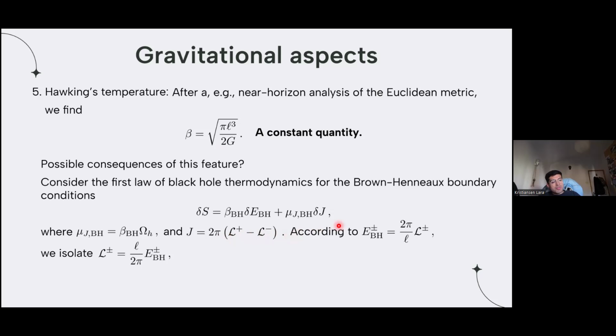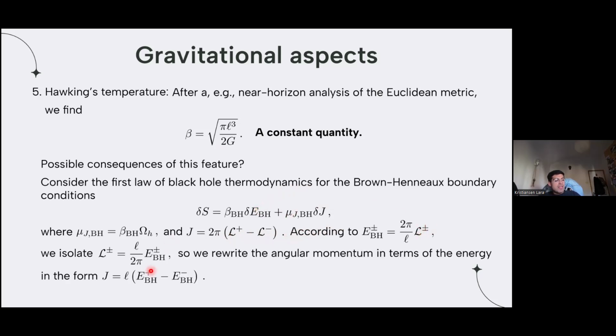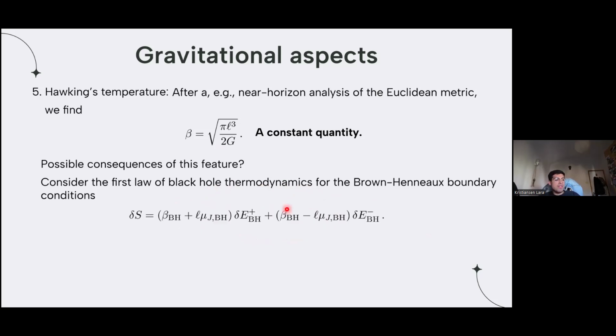I will skip the details, but if you rewrite it in terms of L plus and L minus, then it is possible to go from the grand canonical ensemble in the Brown-Henneaux ensemble to the Brown-Henneaux chiral-antichiral ensemble, like this.